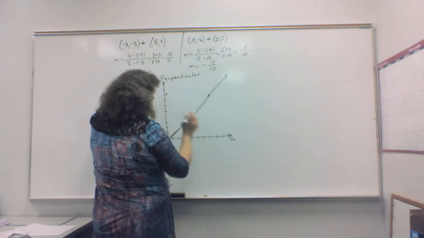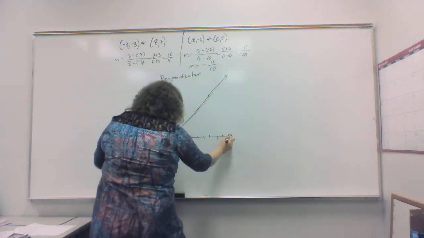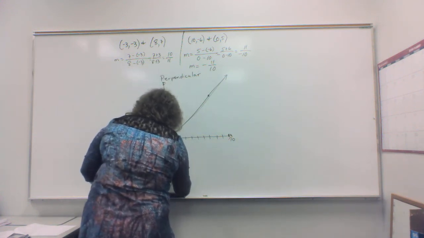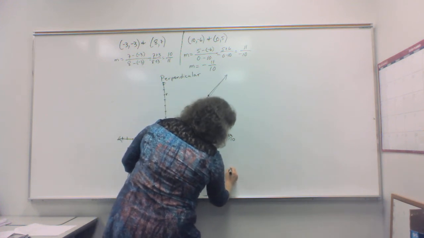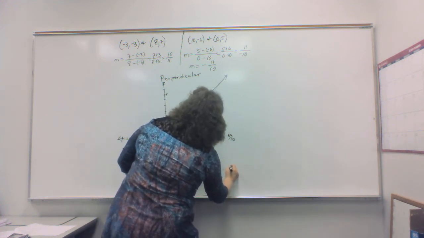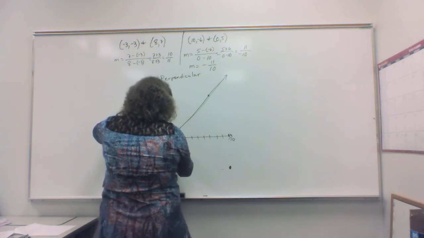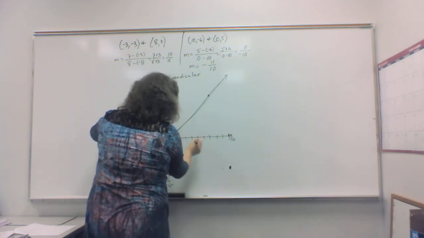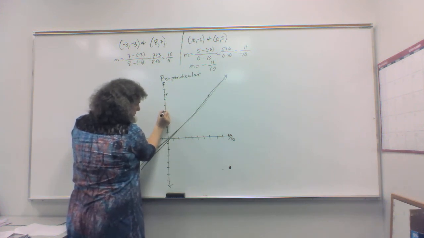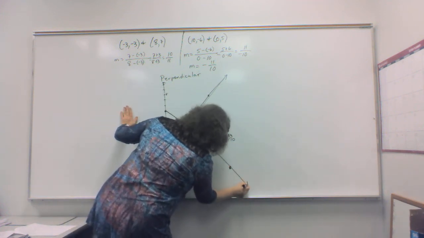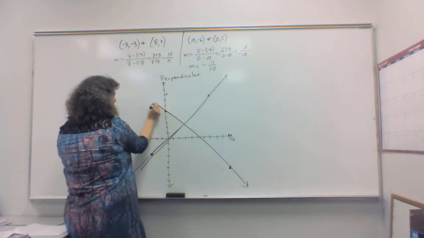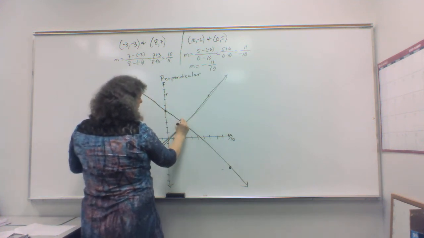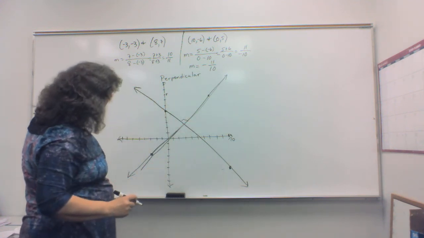And now 10, negative 6, and 0, 5. Yeah, that looks pretty close to a right angle.